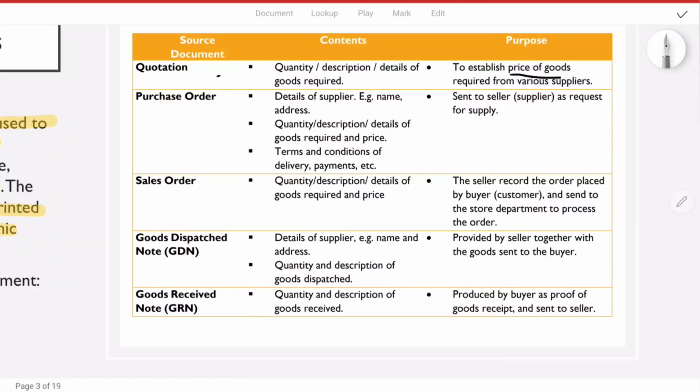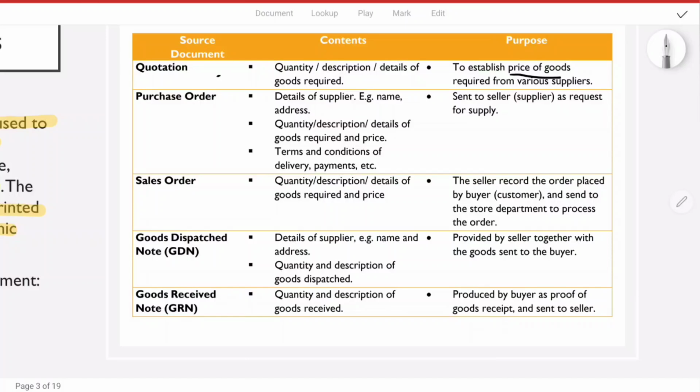Let's say I want to purchase a desk or table for a classroom. When we approach the supplier, the supplier may come with their own specification of the desk which is suitable for a classroom. So this is important.